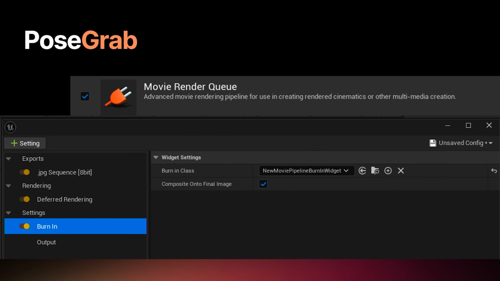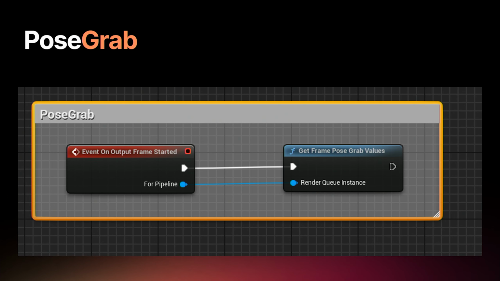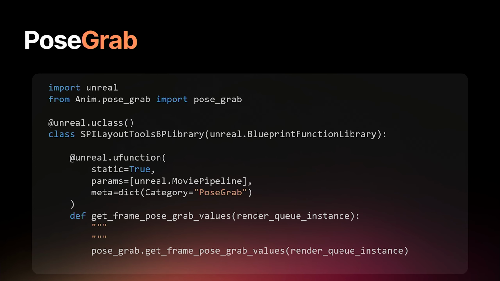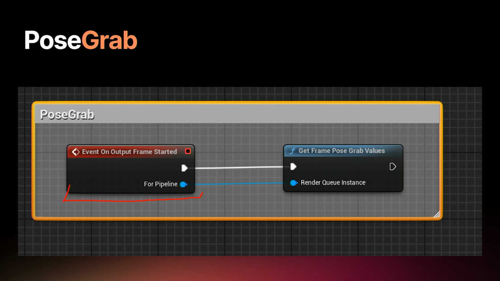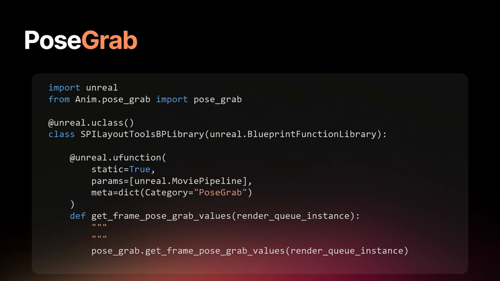To get the data, first I have to mention that we use the movie render queue to launch our renders. Then in our render presets, we have our burn-in class, like this. We use that because we can implement this custom event over here, which will be represented with a node like this.